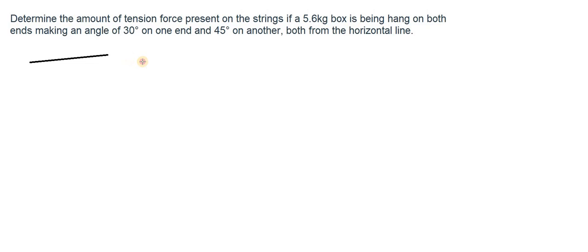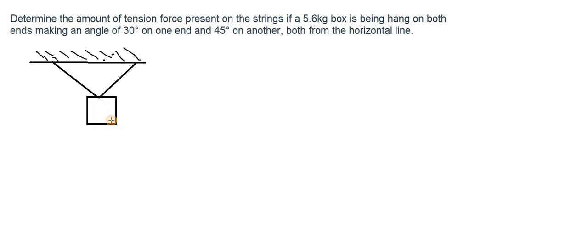So, for example, here's the ceiling. Usually this represents a board or a ceiling. Then let's have here a string which makes 30 degrees, a little off, and then another string which makes 45 degrees, and then we have here the box.